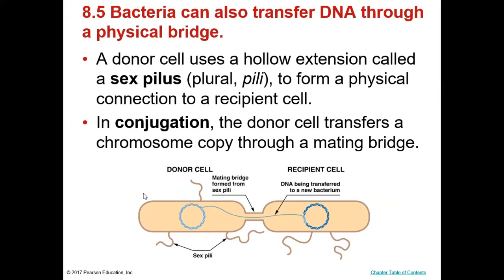Last but not least is conjugation. Conjugation refers to a type of genetic variation process that occurs in bacteria through a sex pilus. Okay, so a sex pilus, we're looking at it right there. It's kind of like a bridge that is formed from one bacteria to the other, right?